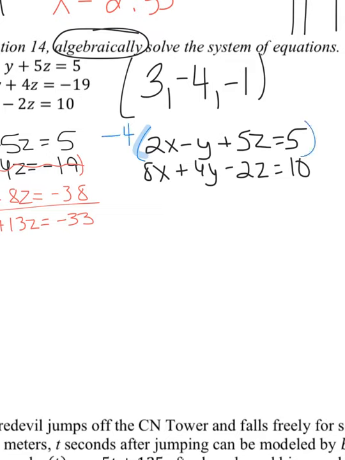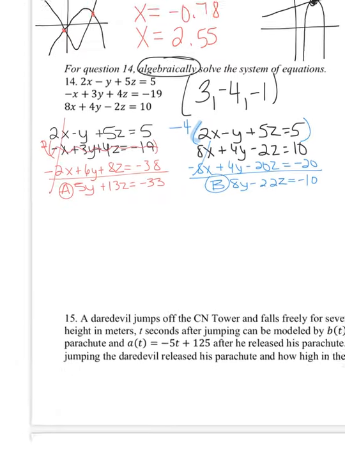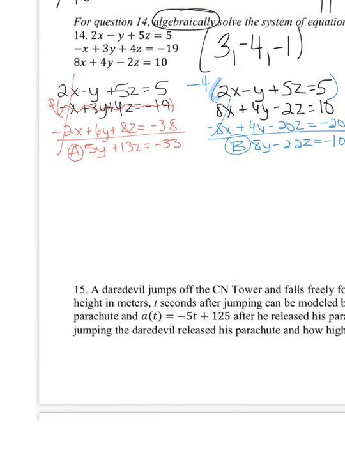So now this is going to be negative 8x plus 4y minus 20z equals negative 20. Add down. 8x minus 8x cancels. I get 8y minus 22z is equal to negative 10. That is my equation B. Now I'm going to take A and B and do elimination on those two.